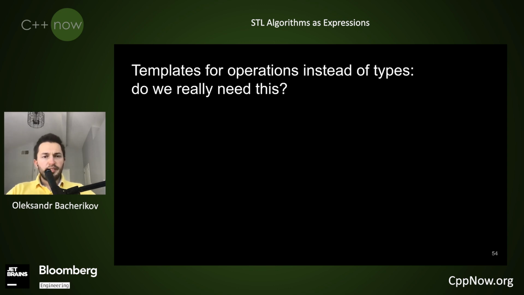And this gets us to the point that in regular C++ templates, what we have is that there's kind of a function template. We can instantiate it with some specific type. And after that, the compiler figures out, based on this type, how to overload all the operations that we have.